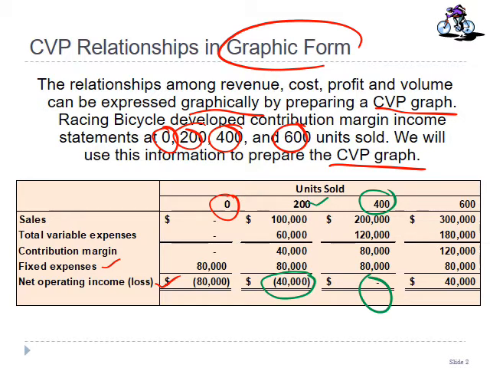So on 200 units there is a loss because we sell less than our break-even. And on 600 units there is a profit. How much profit? 40,000, because we sell above break-even. So let's convert all this information into a graphical form to understand further.